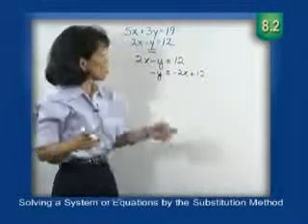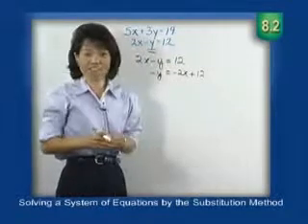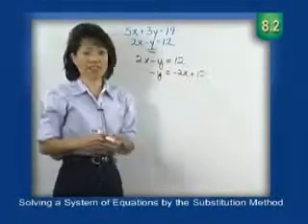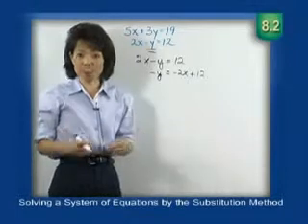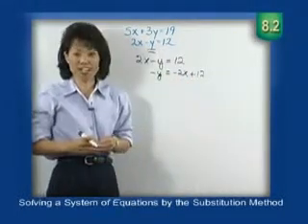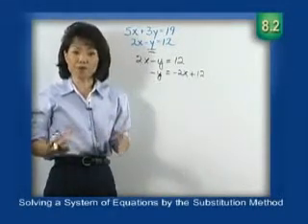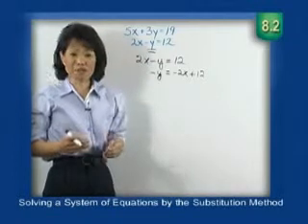Notice I just chose to write the negative 2x in front of the 12. It could actually be written in any fashion, either 12 minus 2x or minus 2x plus 12. It doesn't really matter. Now to solve this equation for y, since I have negative y here, the last step is to multiply both sides of my equation by negative 1.